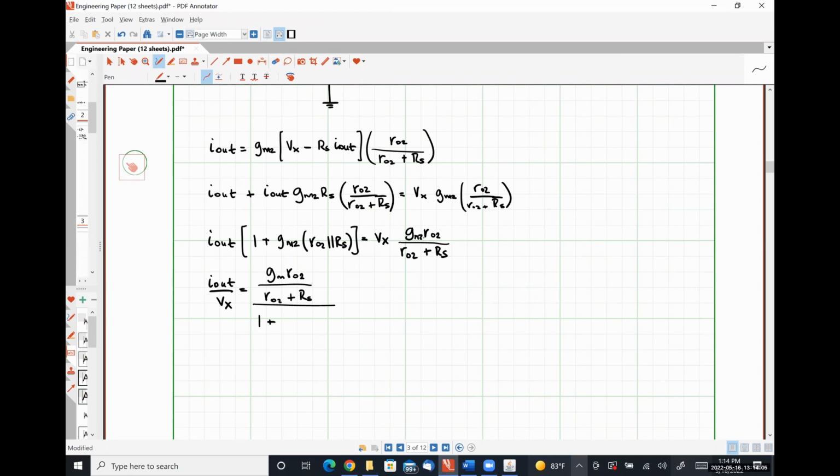I apologize for forgetting my subscript. 1 plus GM2 times R naught 2 in parallel with RS.